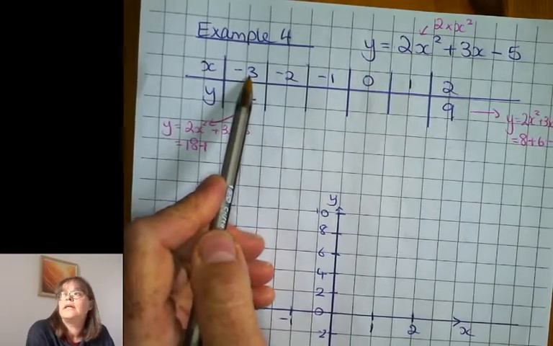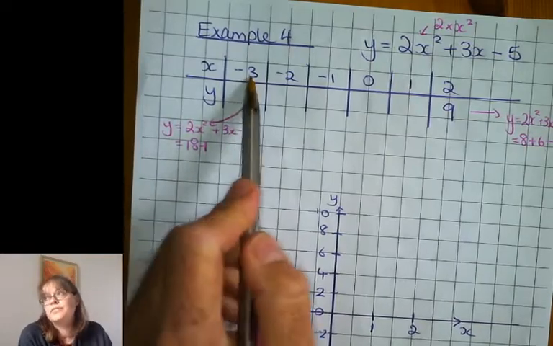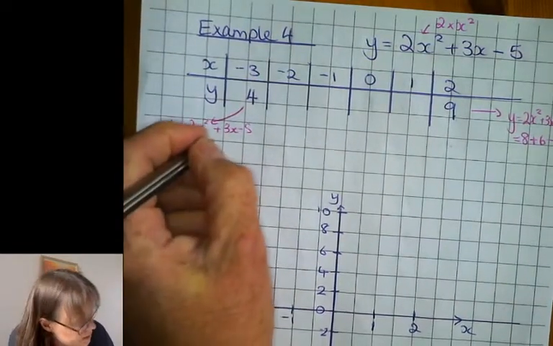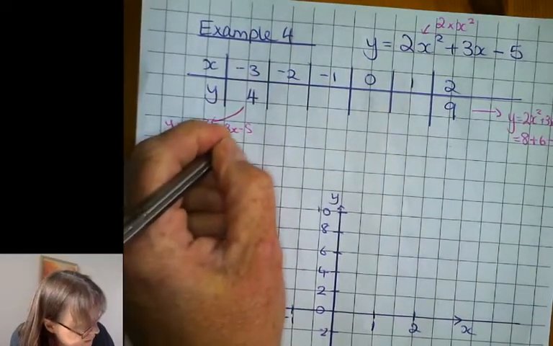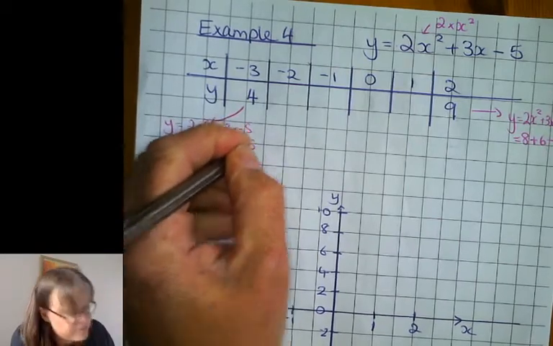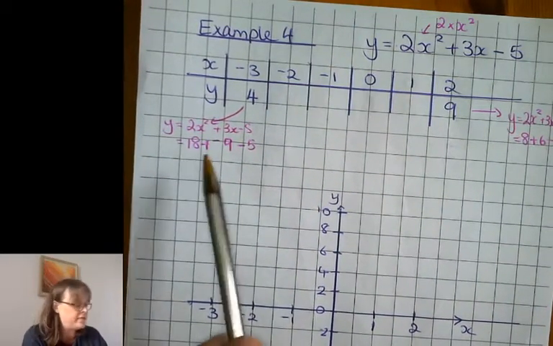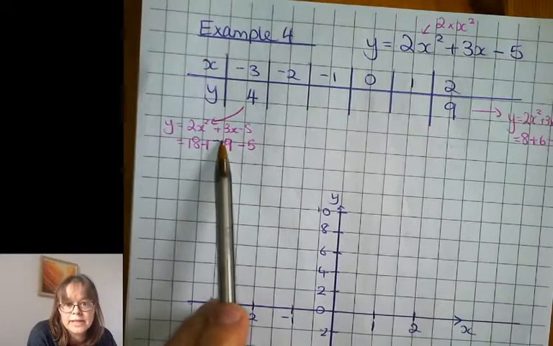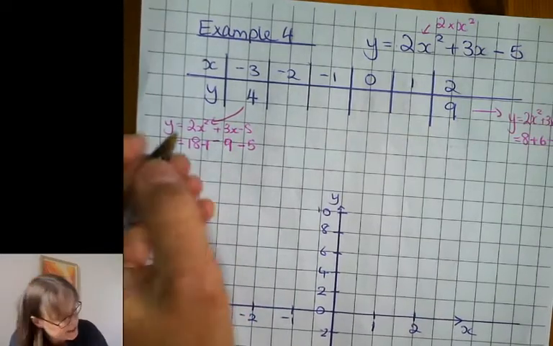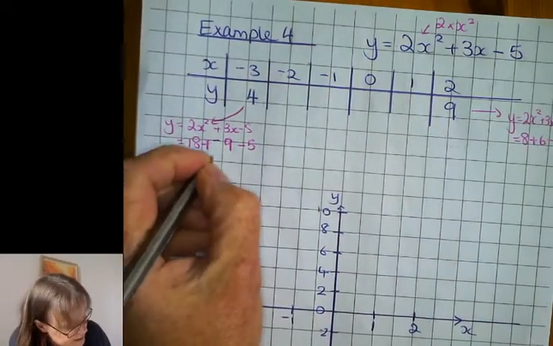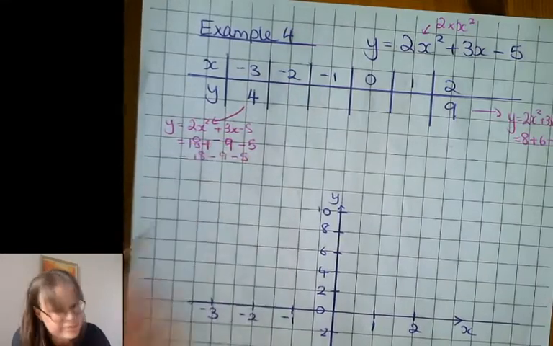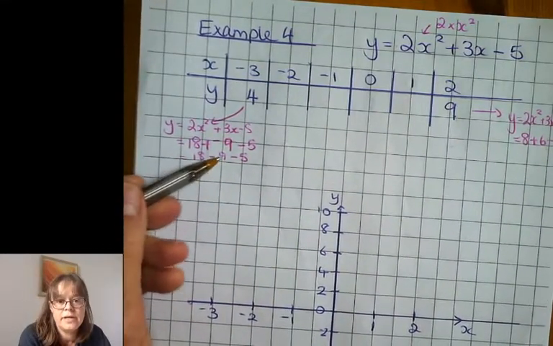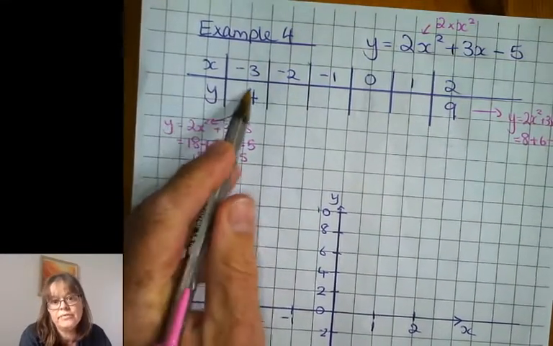So I think 3 lots of minus 3, positive times negative is negative. So 3 lots of minus 3 is minus 9. And then I'm going to take away the 5 on the end. And hopefully you're happy that if I add a negative number, it's just like taking away. So really this line says 18, take away 9, take away 5. 18 take away 9, that's 9, take away 5, gives me 4.